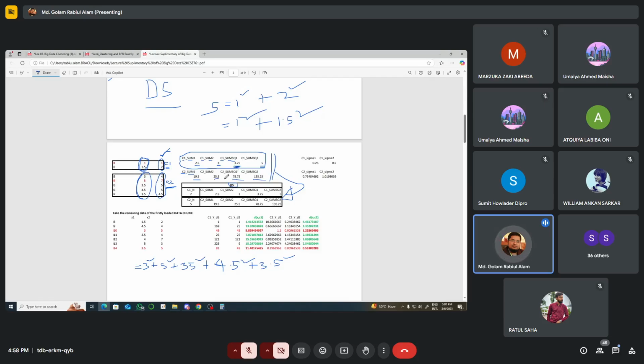After that, we can see that we are still in our first chunk, and we have just randomly selected data points of our first chunk, and from there we formed two clusters, C1 and C2, and we hold the statistics of those two clusters.